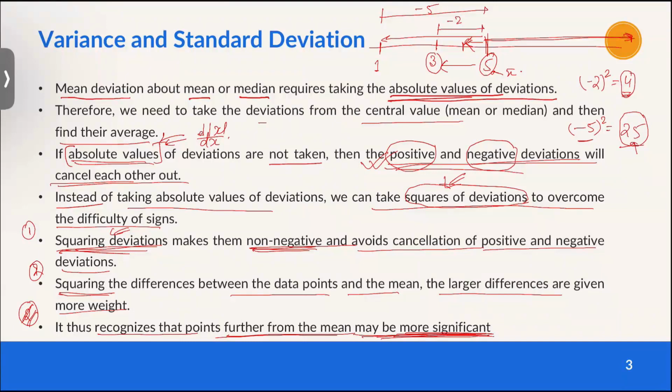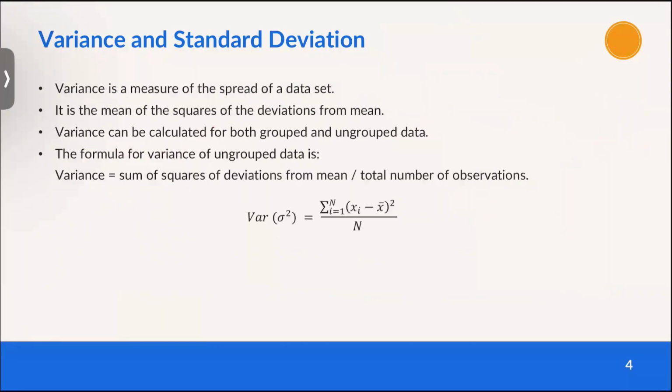Okay. So now we'll go on to what is variance and what is standard deviation. Variance is a measure of spread of the data. Earlier, when we were calculating mean deviation, we were saying that the summation of modulus of xi minus x bar divided by the number of data, if this is for ungrouped data.